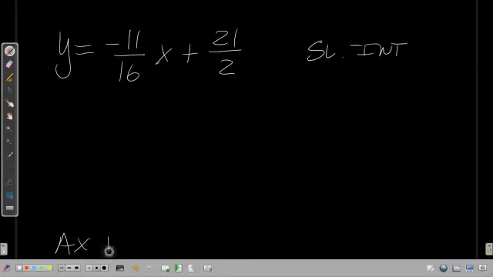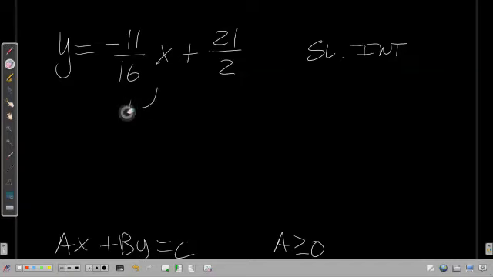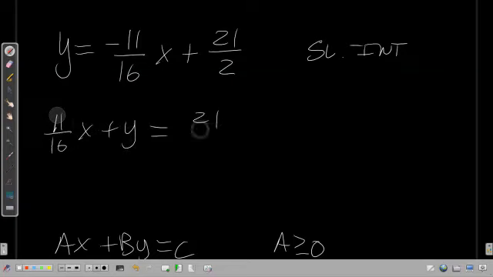We now want to put it in the form ax plus by equals c, where a is bigger than or equal to 0, and a, b, and c are not fractions. So you move this term to the other side using your additive inverses. You would have 11 over 16x plus y equals 21 over 2.